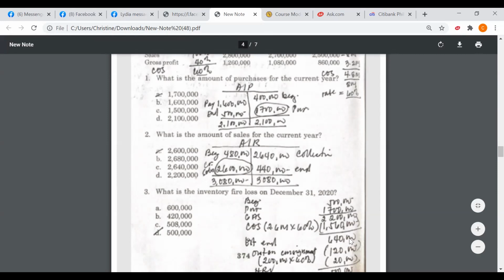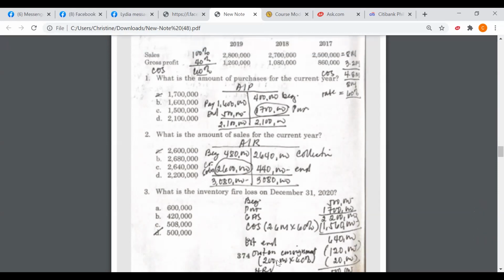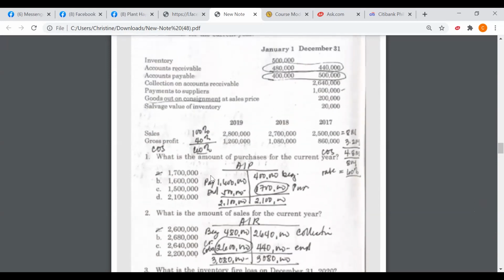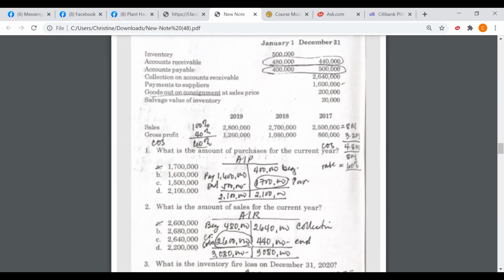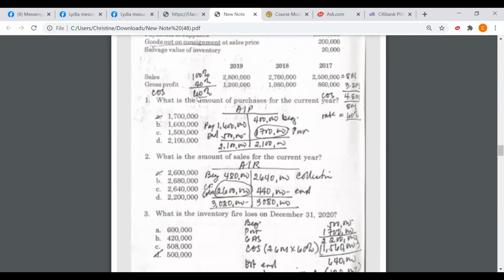So GAS minus COS is your estimated ending. So estimated ending, minus now your goods out on consignment, because if these goods were already sent to the consignee, therefore, these goods were not included in the fire loss. But the 200,000 here is at sales price again. So that's why the 200 should be written down into its cost of 60%.